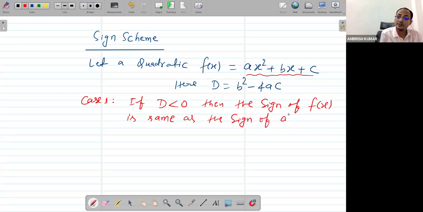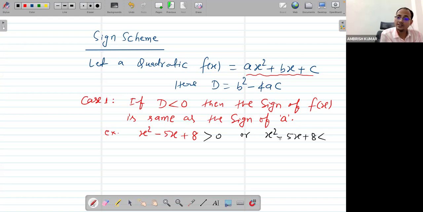Now, what does it mean? a is the coefficient of x square. So try to understand with x square minus 5x plus 8. Let us say we have to solve this for greater than 0. Or let us say we have to solve the same question for less than 0.